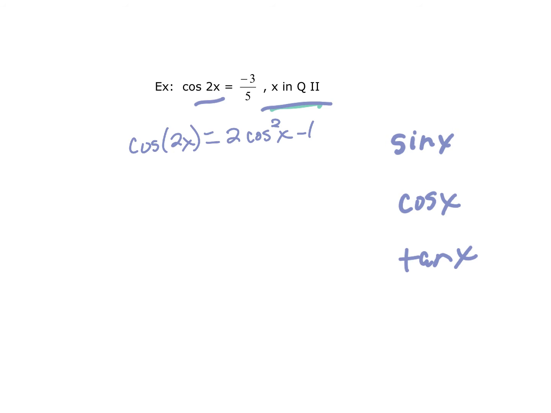Now be careful, because we're plugging this number in on the left-hand side. So negative 3 over 5 is equal to 2 cosine squared x minus 1. So let's add 1, or in this case, let's think of it as 5 over 5.